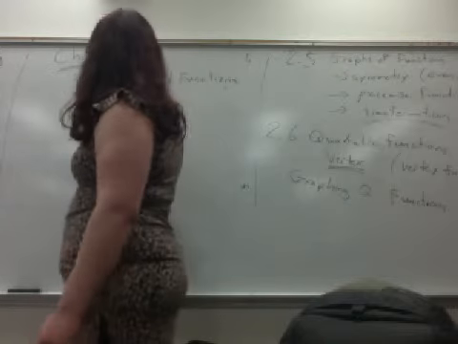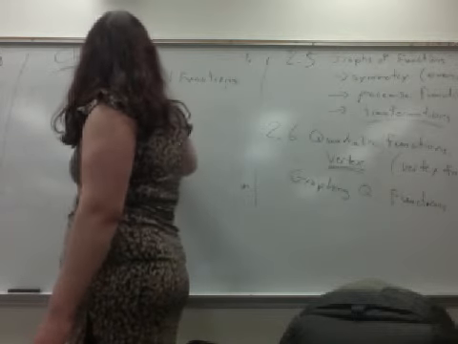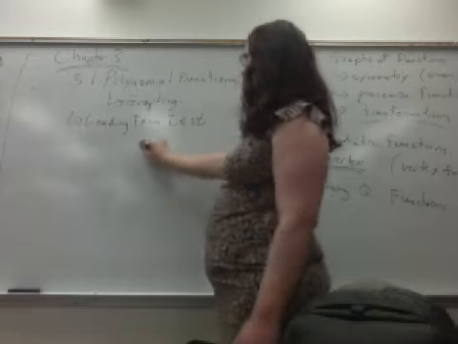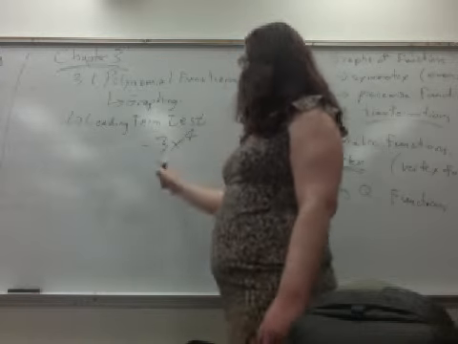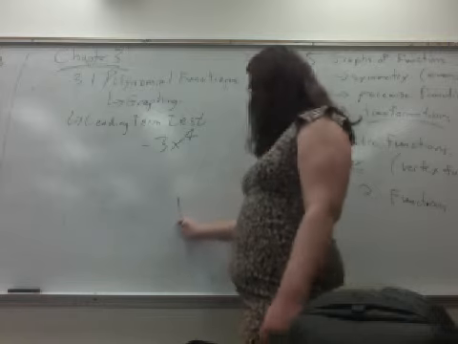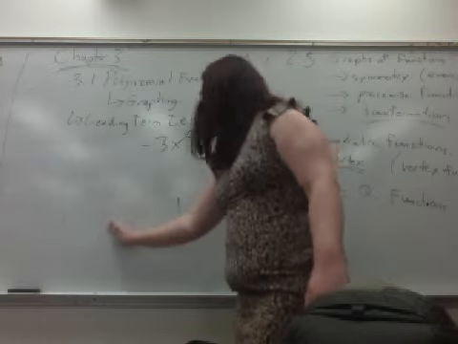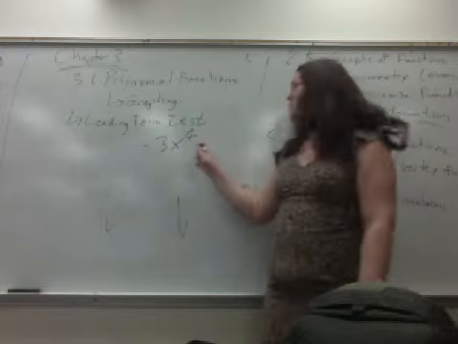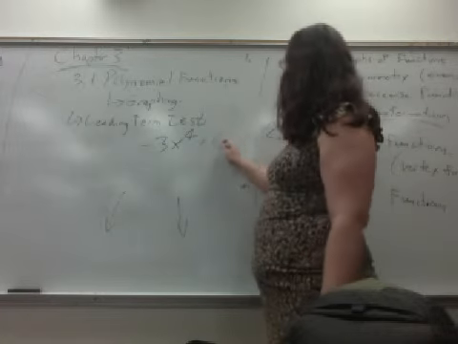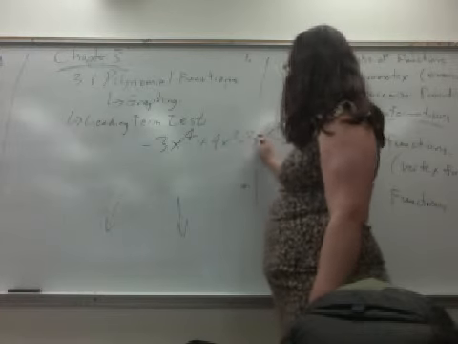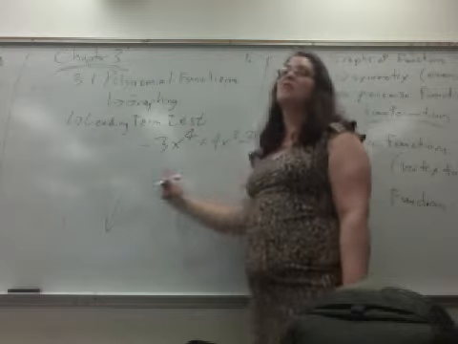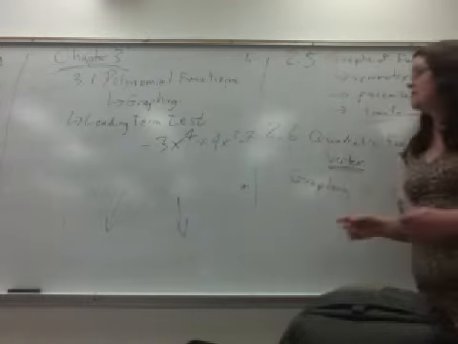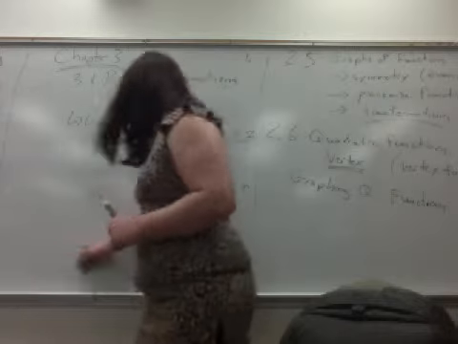We talked about this idea called the leading term test, which says that if we have something like negative 3x to the 4th, the negative 3 tells you the right end goes down, and the x to the 4th tells you both ends do the same thing, right? Even if we had a plus 4x squared minus 7, it's the first term that tells you what the ends of the graph do. That's the leading term test.